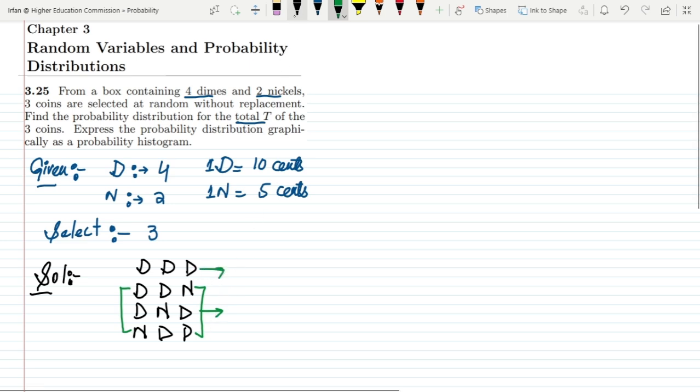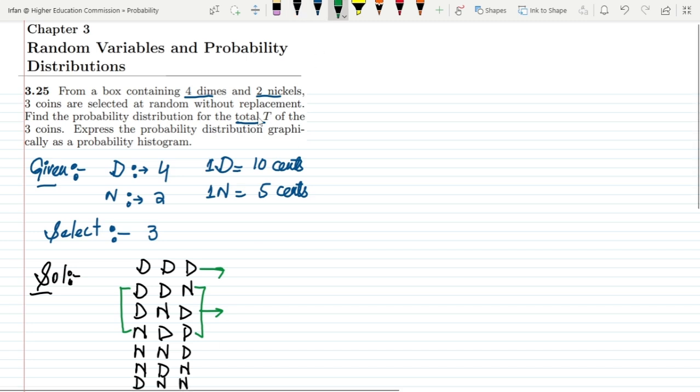Okay, similarly for the 2 nickels, what can I have here? Either nickel, nickel, dime, or nickel, dime, nickel, or dime, nickel, nickel.